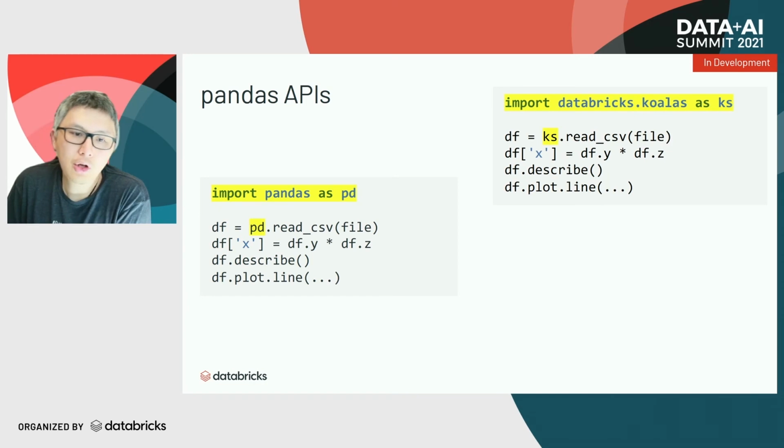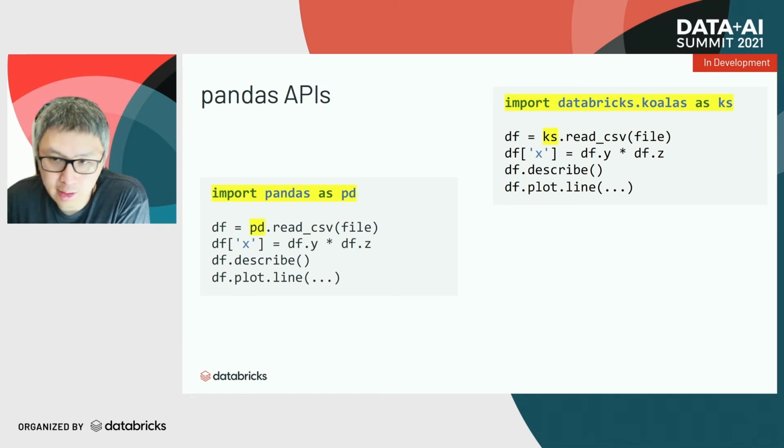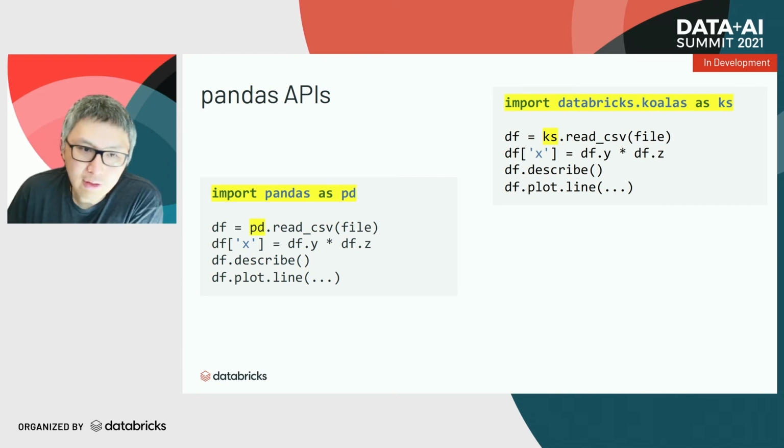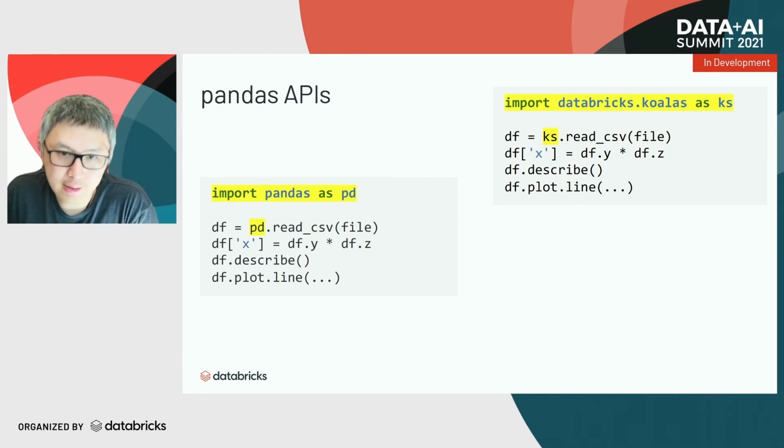To convert your pandas code to Koalas, you just need to change your import statement and the alias names. It is simple and straightforward. After the change, you can use the pandas APIs to process and visualize your data.